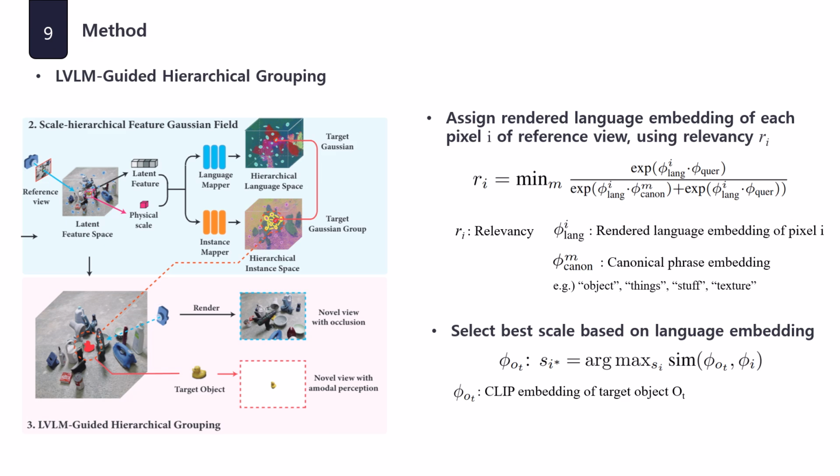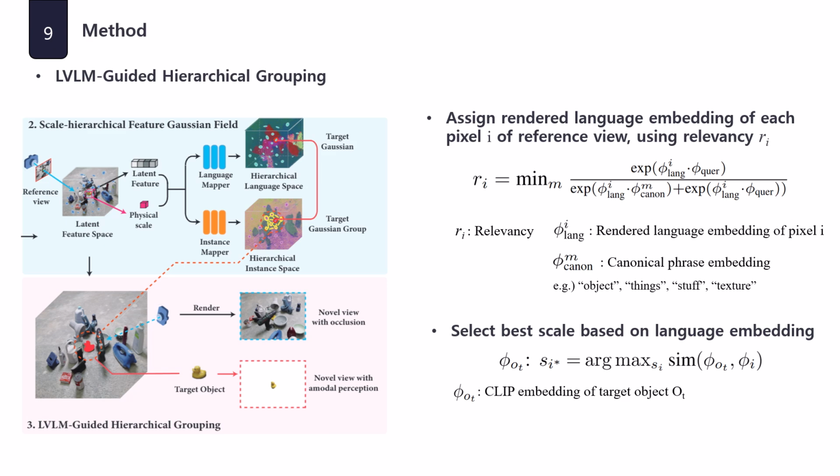We find the mask whose language embedding exhibits the highest cosine similarity with the CLIP text embedding of the overall target object, which was derived from the LVLM's interpretation of the implicit query. The physical scale of this best matching mask from the reference view is designated as S_i star. This S_i star provides an estimate of the target object's actual physical scale.